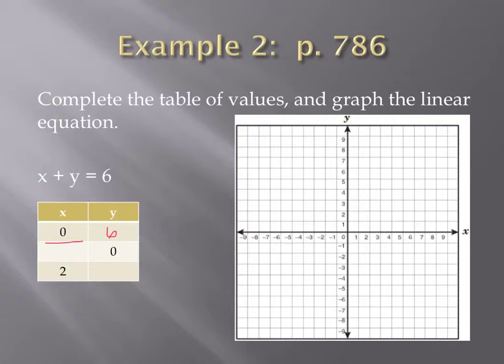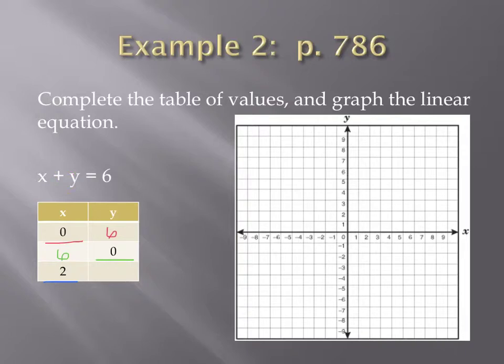And the next one, we're given y is 0. So if I substitute 0 for y, then I have x plus 0 equals 6, which means that x is equal to 6. And then my third point, x is 2.